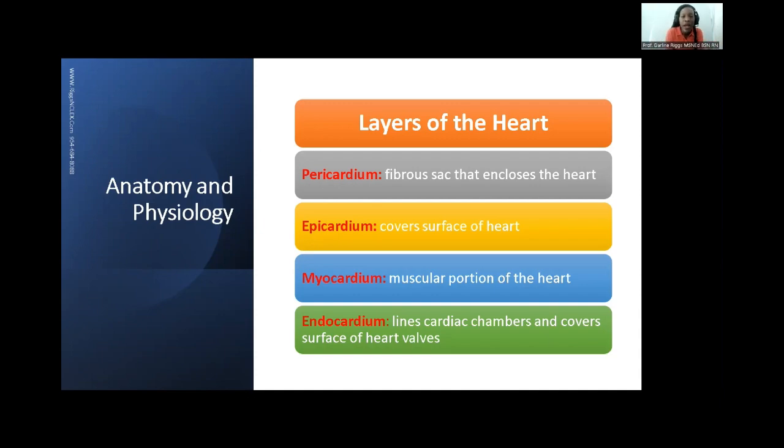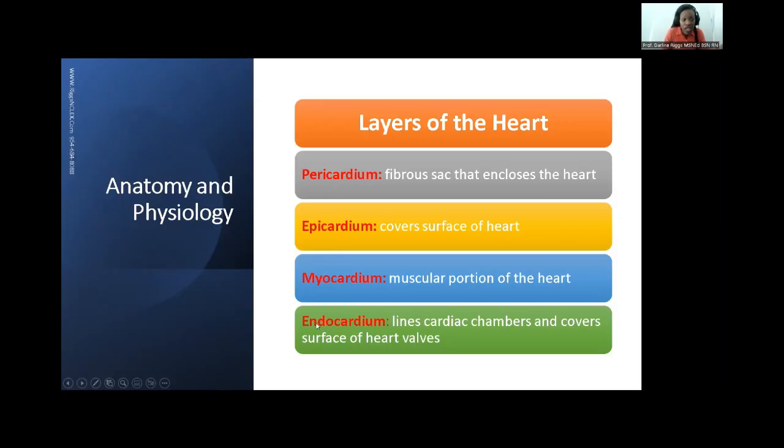You will see in a moment why you need to know and understand that, because there are conditions where these different layers get infected. So the prefix of these words, whether it be peri, epi, myo, or endo, tells you where in the heart you are. So again, the prefixes, the words before, tells you where in the heart you are.